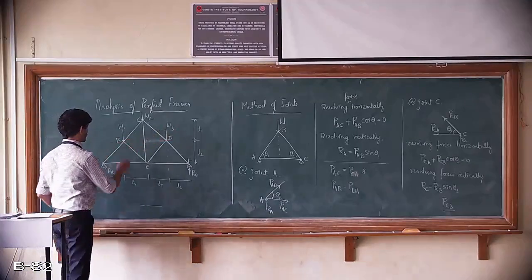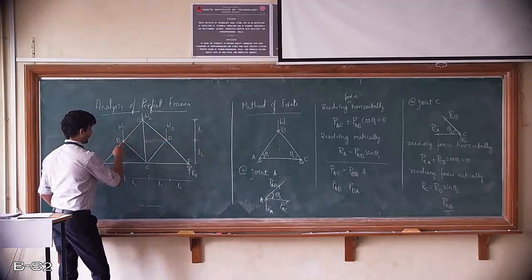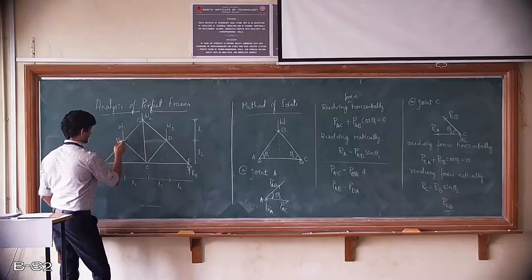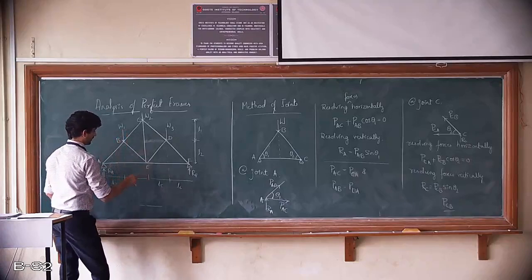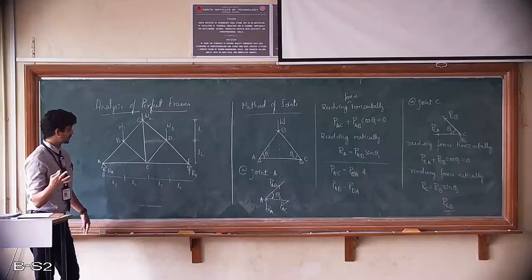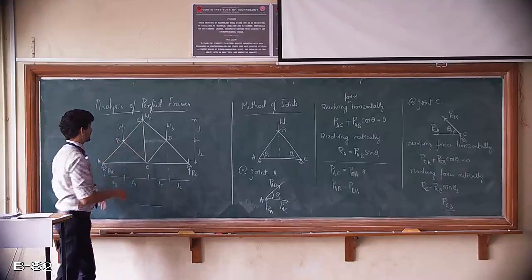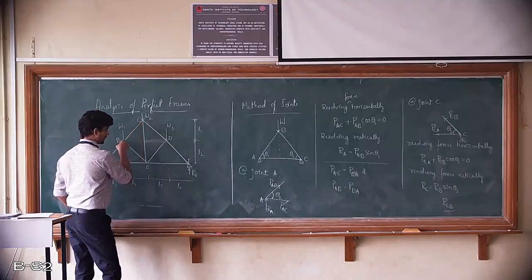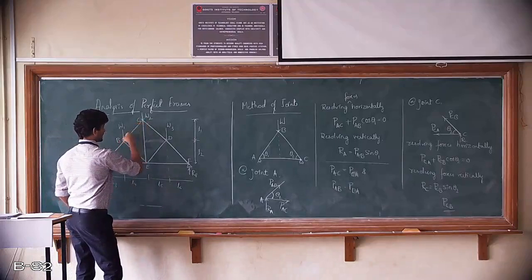Yes, now if you look at joint B, we have one member AB, another one BC, another one BE, and then one external load. In that, only AB and W1 is known, whereas BE is unknown, BC is unknown. We have three equilibrium equations, we can solve that. Similarly, if you look at joint C, we know BC from resolving joint B, we know BC value.